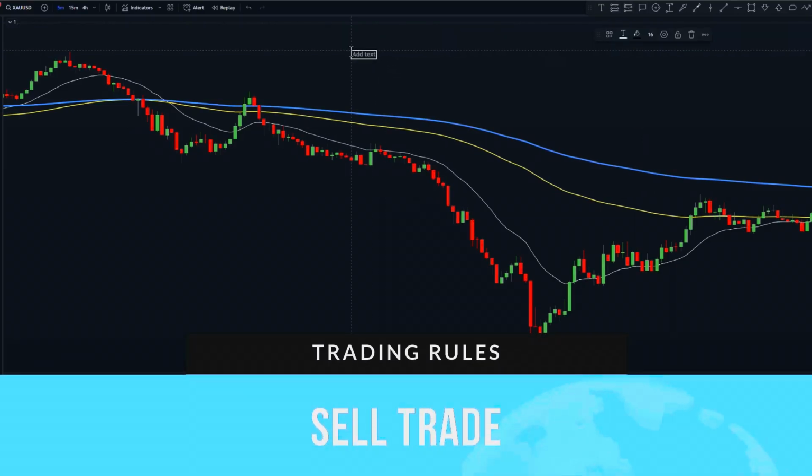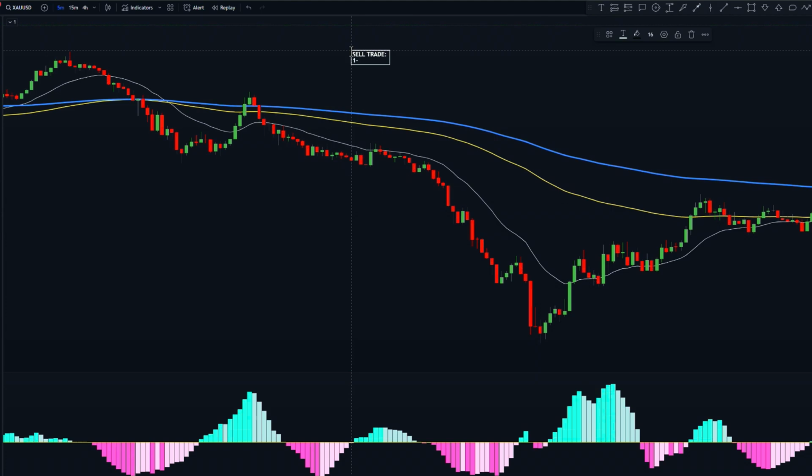Now, ready to dive into how to enter a sell trade? Let's get started. First up, you want to look for a sell signal. This is when the MACD indicator shows the first negative histogram bar, signaling you to get ready.